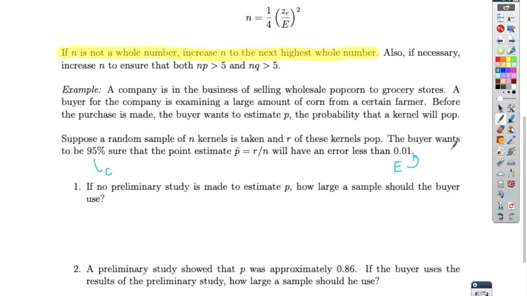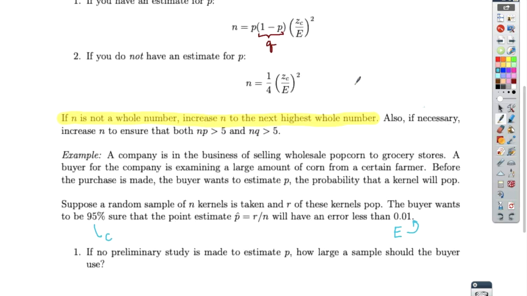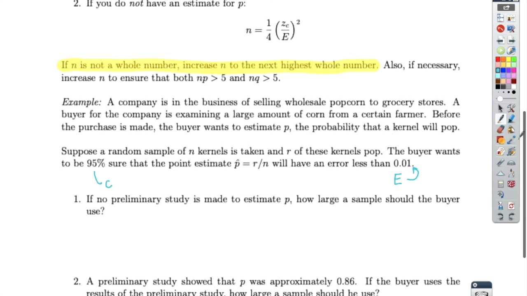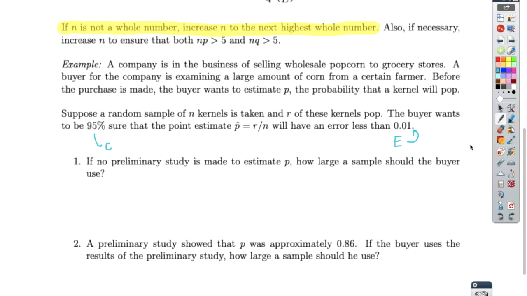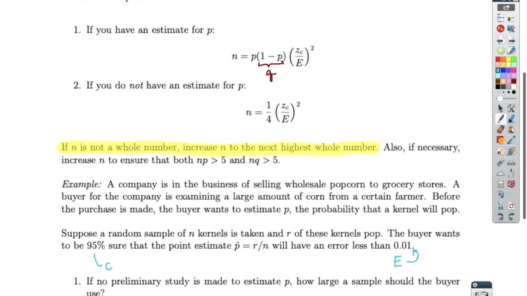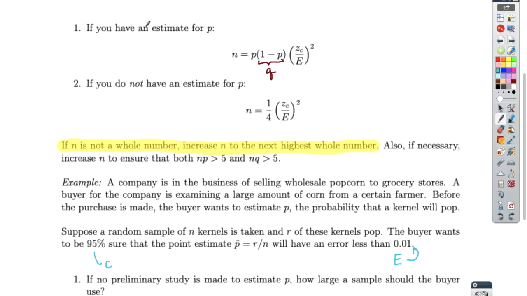Okay, two questions, because we have two formulas here. First of all, if no preliminary study is made to estimate P, how large a sample should the buyer use? Looking at our two formulas, the first one says if you do have an estimate for P, and the second one says if you do not have an estimate for P. This is specifically saying there is no preliminary study done to estimate P, so we are in scenario number 2.